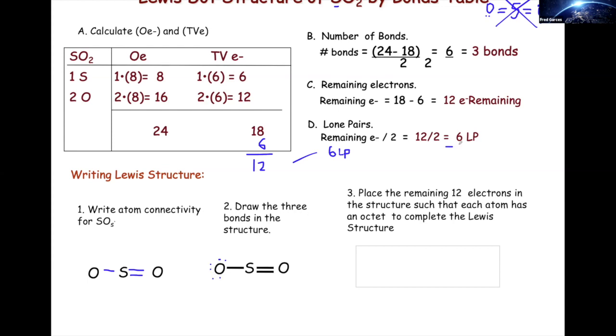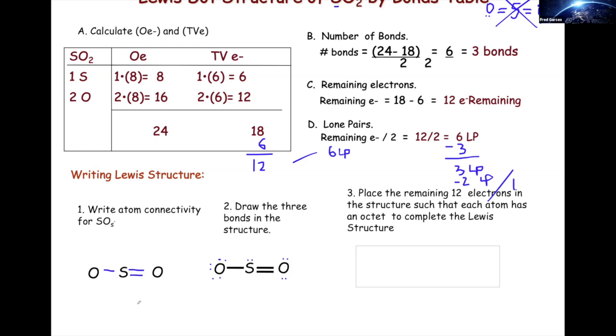So we've used 3 lone pairs in this structure right here, for a total of 6 electrons. This oxygen already has 4. It needs 2 more lone pairs, 4 more electrons. So we have to subtract 2 from this. What we have is 1 lone pair, and guess what? That lone pair goes on the sulfur.